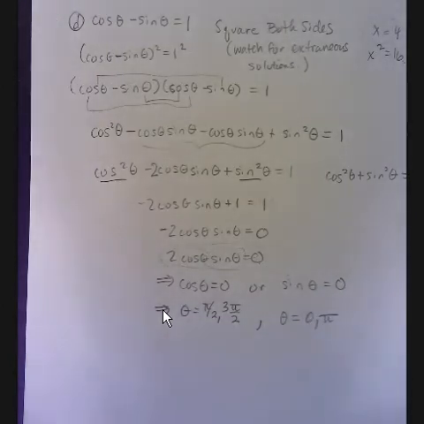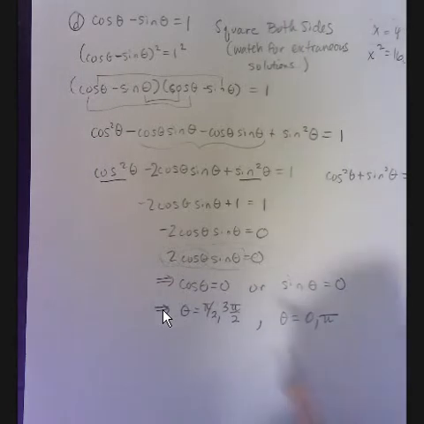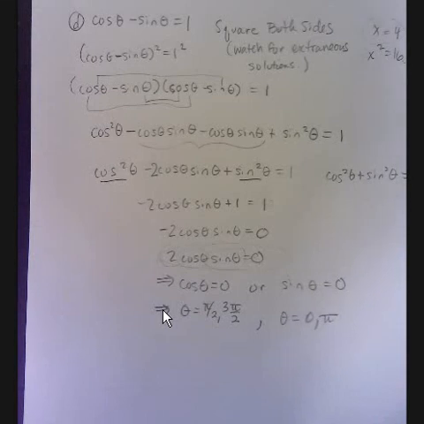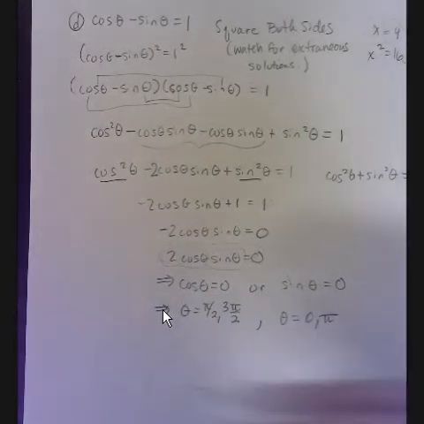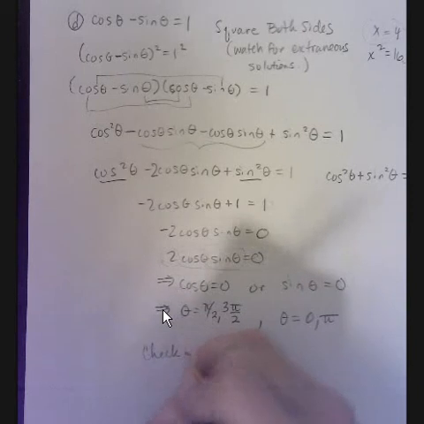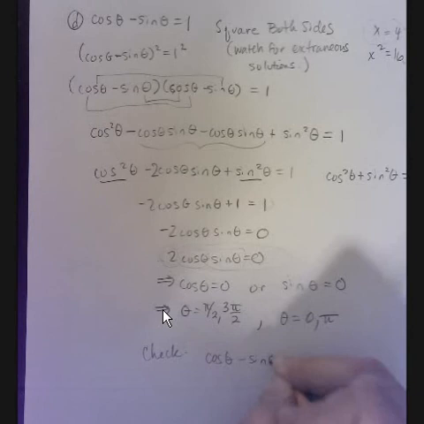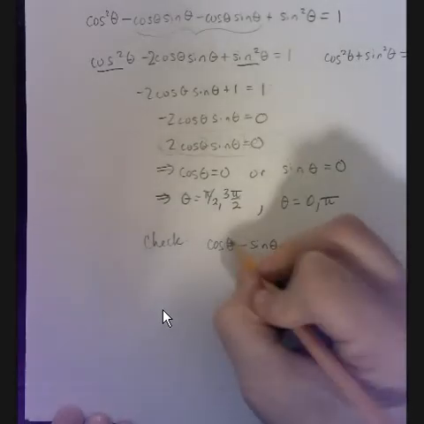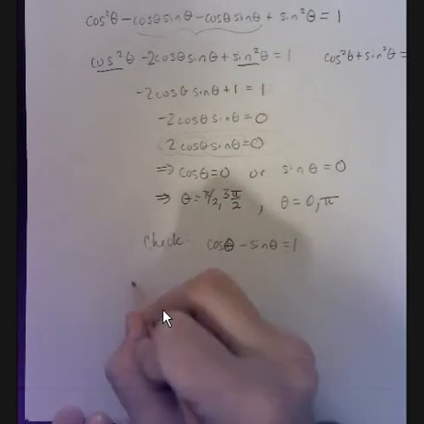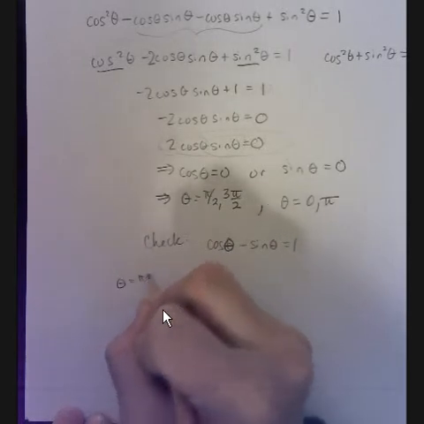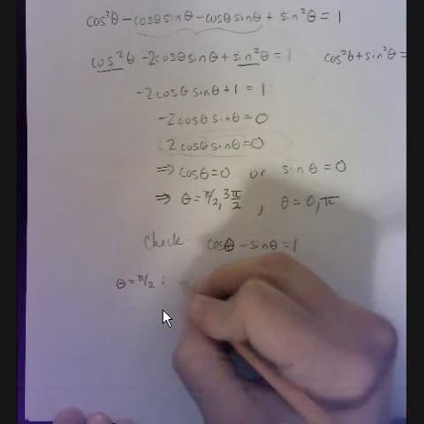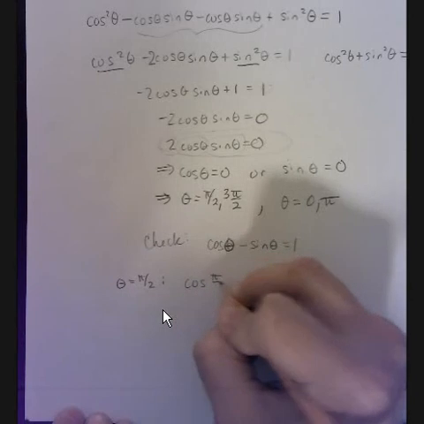And you'd be tempted to just circle those. But here's where we need to check for the extraneous solutions because we did square both sides. So let's check these. When you check, you want to go back to the original equation, which was cosine theta minus sine theta equals 1. So let's check theta equals pi over 2 first. Cosine of pi over 2 minus sine pi over 2.